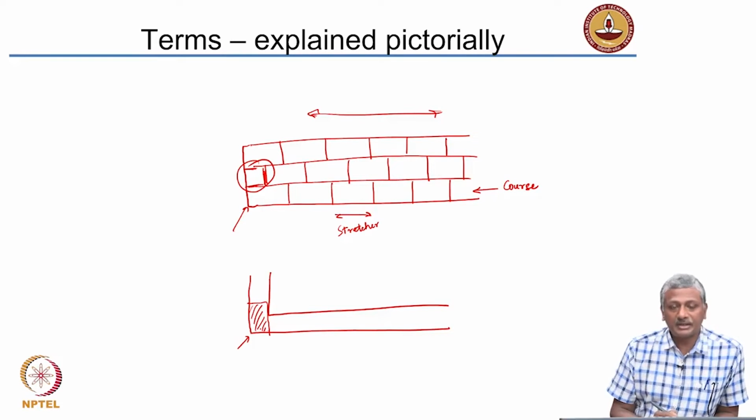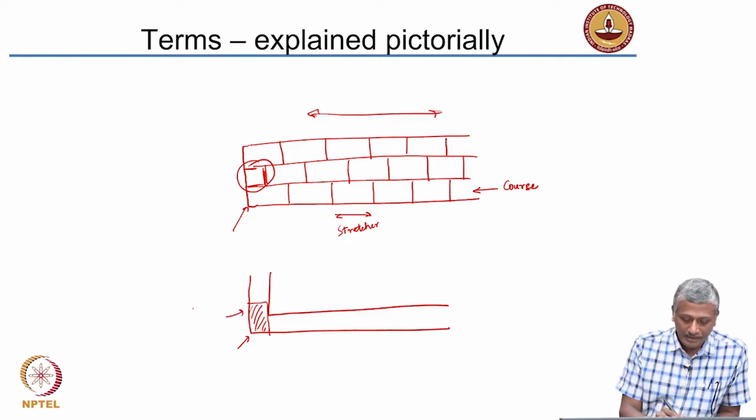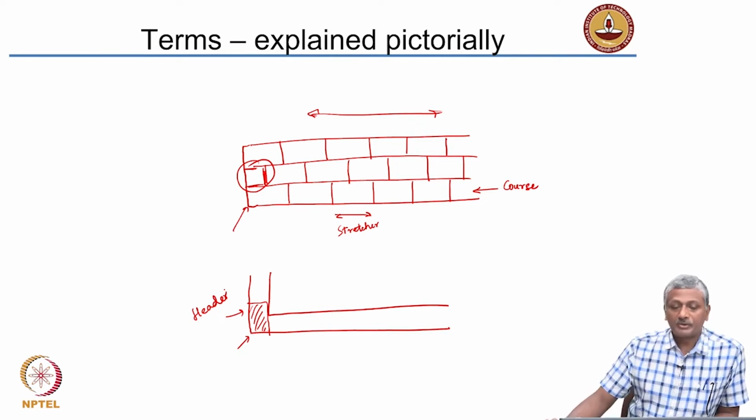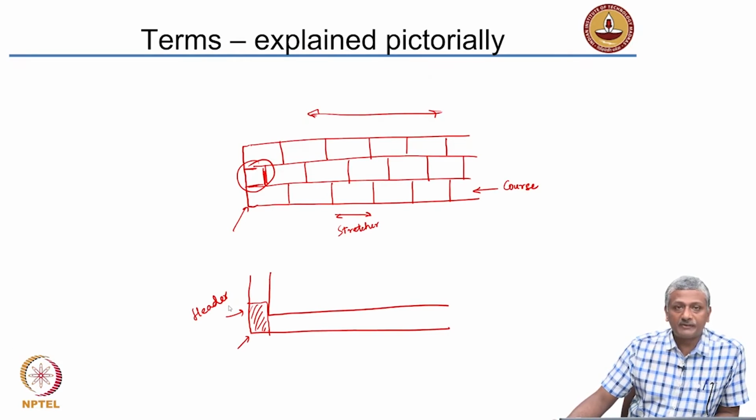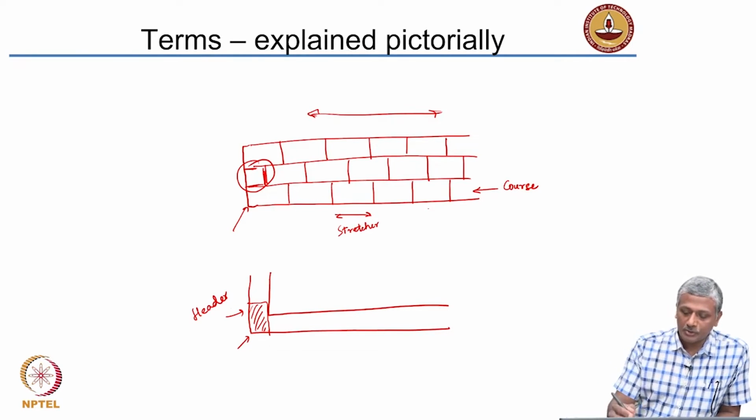That is called a header. When the brick is perpendicular to the main direction of the wall length, it is called a header. A bed is nothing but the lower surface of a brick or stone in the course. So, in this course, that will be the bed, or in this course, this will be the bed.